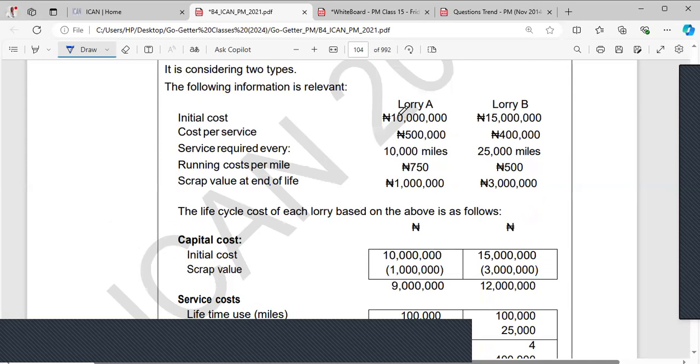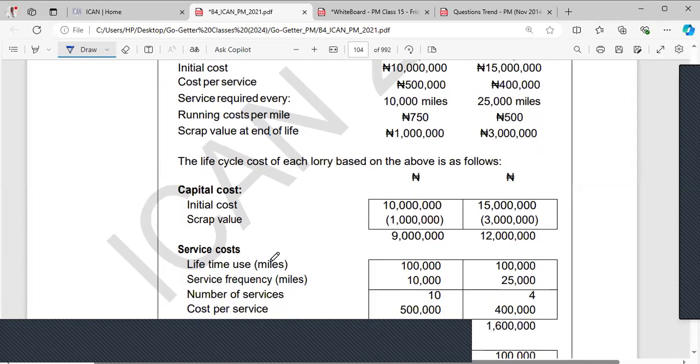Initial cost here is 10 million minus the scrap value, which is 1 million. So here is 15 minus 3. So the capital cost is 9 million, because when you buy it for 10 million, you will still sell it out as scrap for 1 million. So it's as good as your cost is 9 million here and your cost is 12 million.